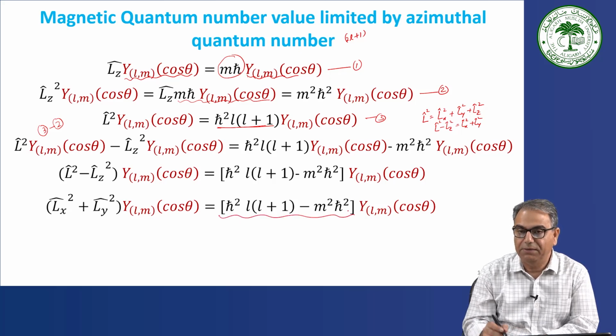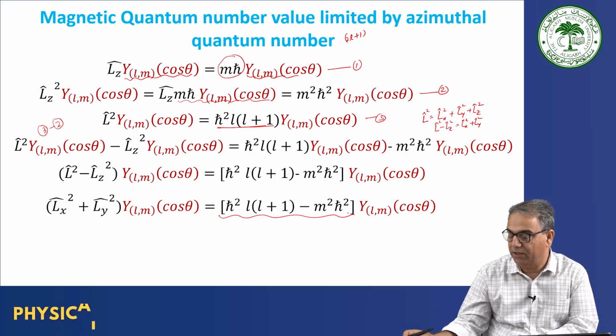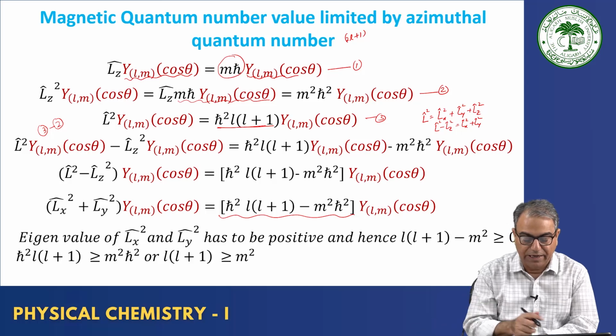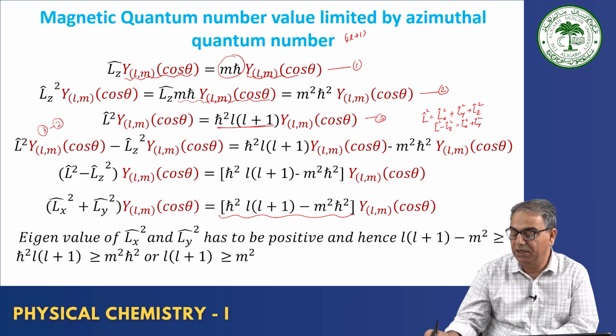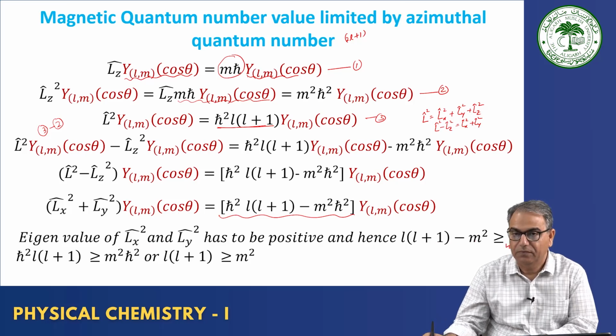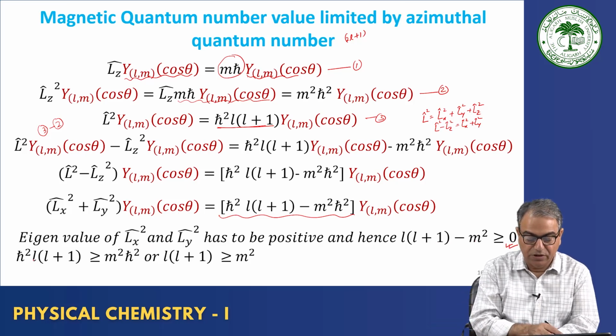And for being positive, this value ħ² L(L+1) must be greater than m²ħ². So the eigenvalue of Lx² and Ly² has to be positive, and hence L(L+1) minus m² must be greater than 0. So ħ² L(L+1) greater than or equal to m²ħ².